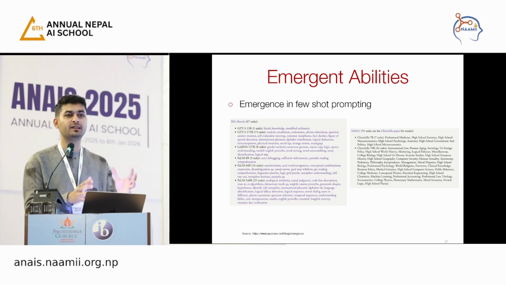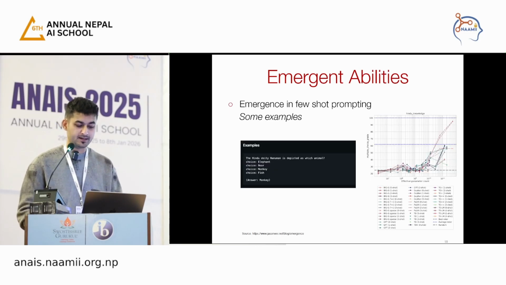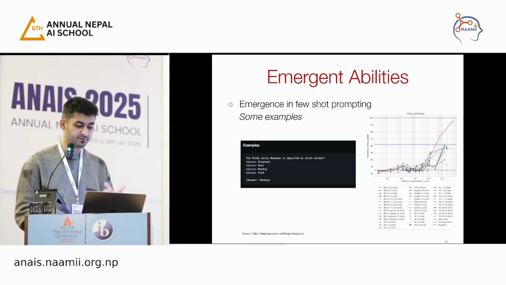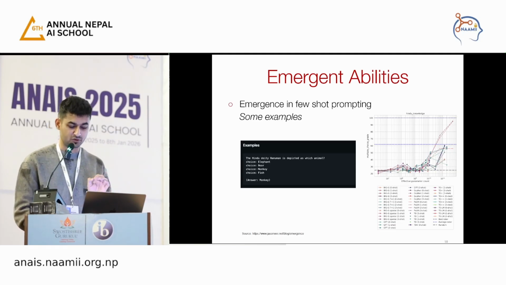These are all the areas where this emergence was evaluated with few shot prompting. Some examples are like, the question is the Hindu deity Hanuman is depicted as which animal, there are multiple choices, and the answer is monkey. I understand that it's not very clear at the back, but I can read some of those things.